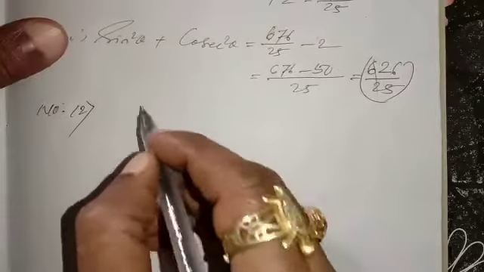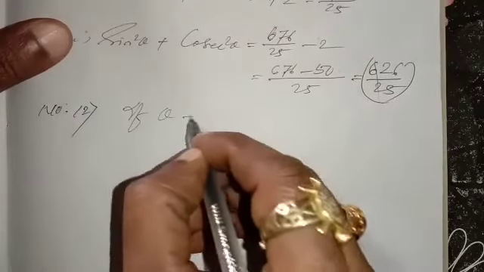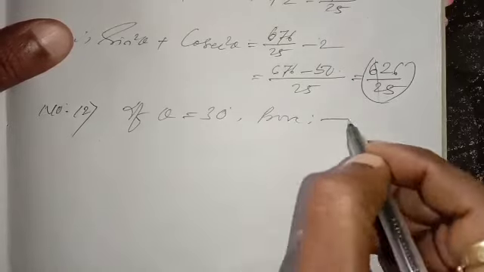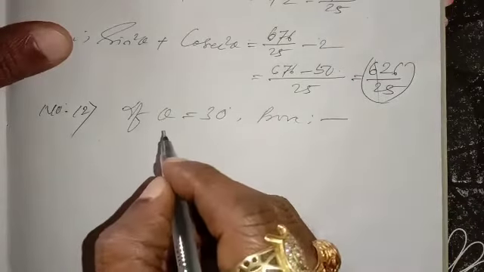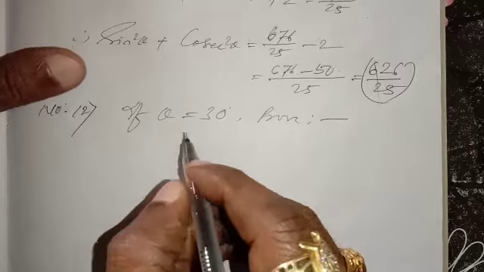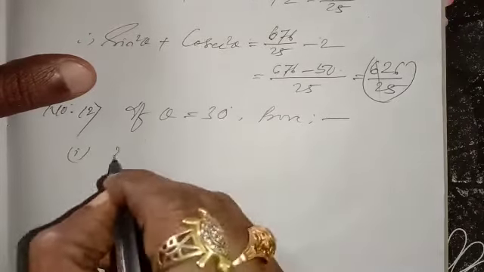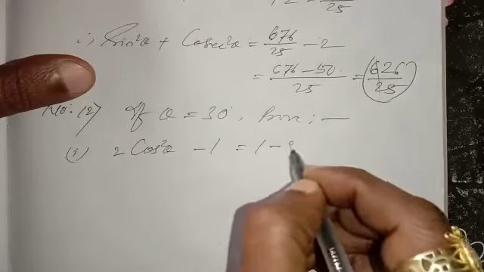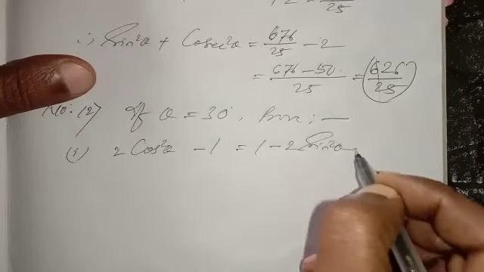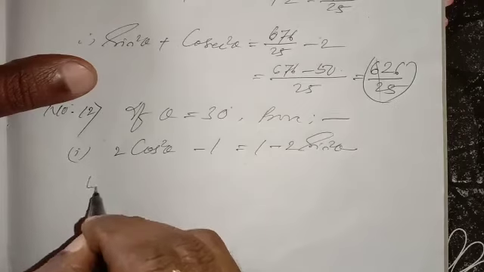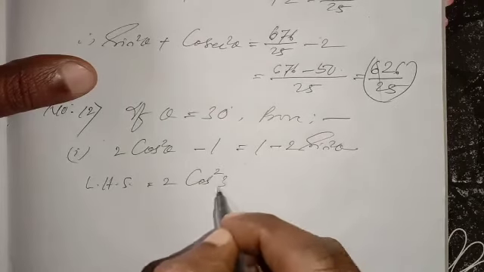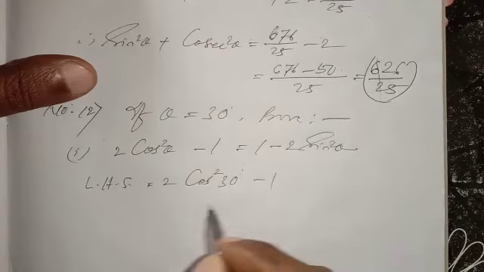Question number 12. If theta is equal to 30 degrees, prove that 2 cos square theta minus 1 equal to 1 minus 2 sin square theta. First of all, write the left hand side: 2 cos square 30 degrees minus 1.